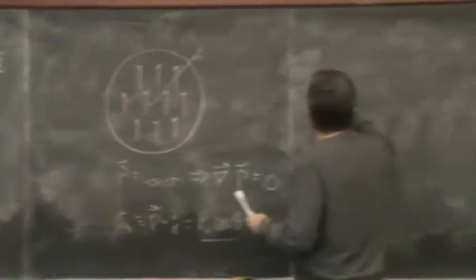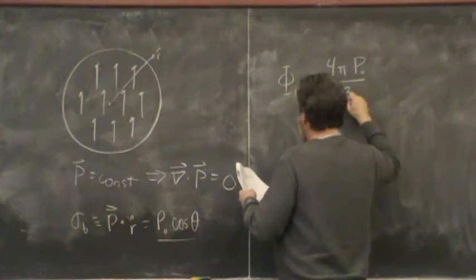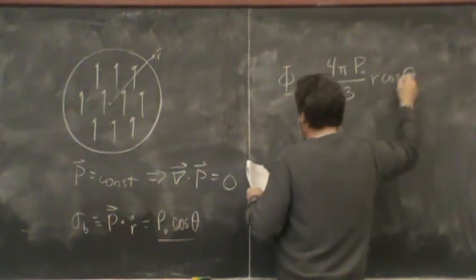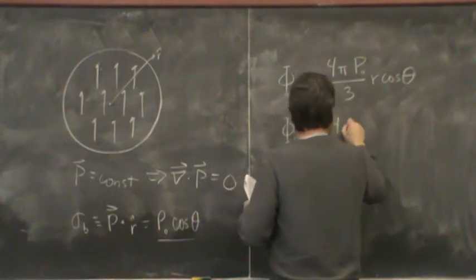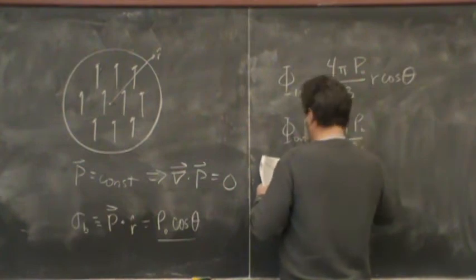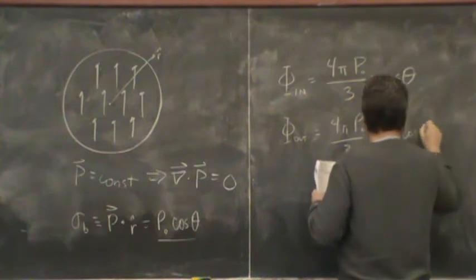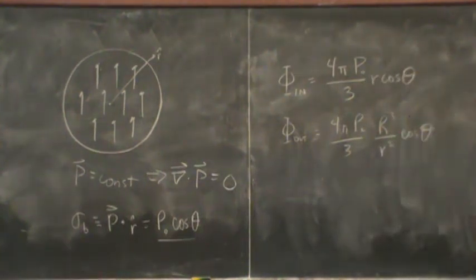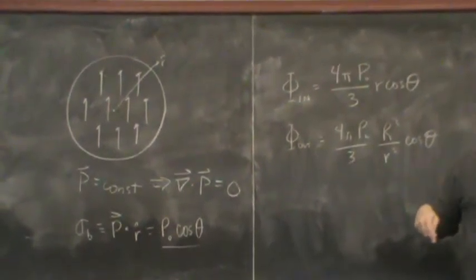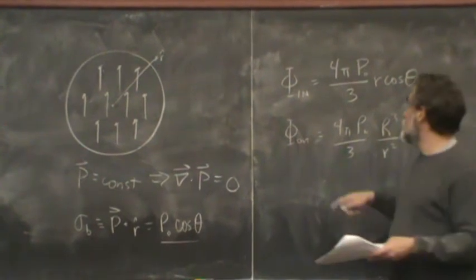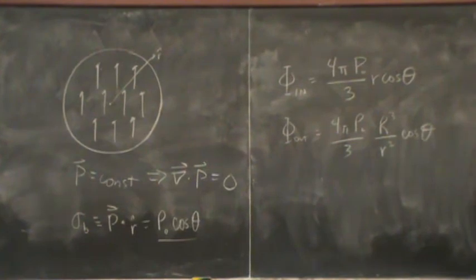The potential inside is equal to 4 pi P0 over 3 R cos theta. And the potential outside is 4 pi P0 over 3 R cubed over R squared cos theta. And from this, the electric field on the inside. This is polarization due to the atom, so we've got some measure.